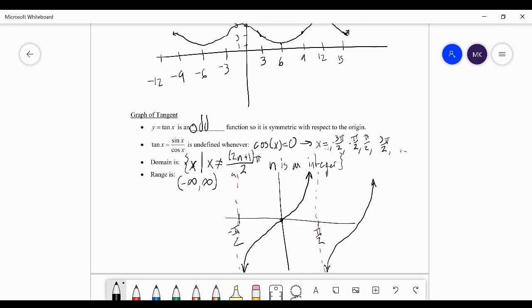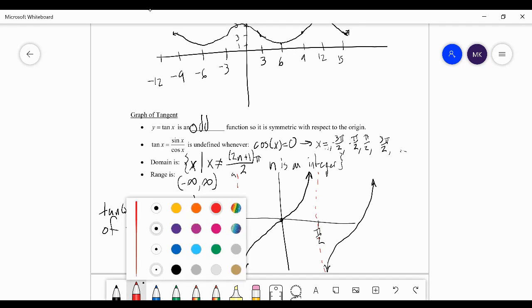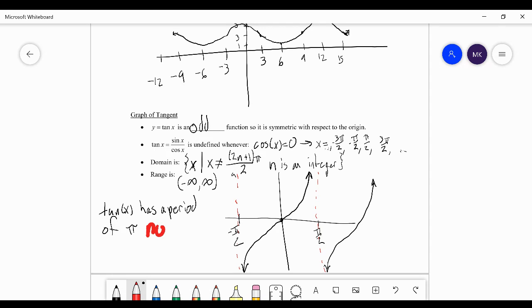And so our period is actually only negative pi over 2 to pi over 2, which means that tangent of x has a period of pi. Not 2 pi.